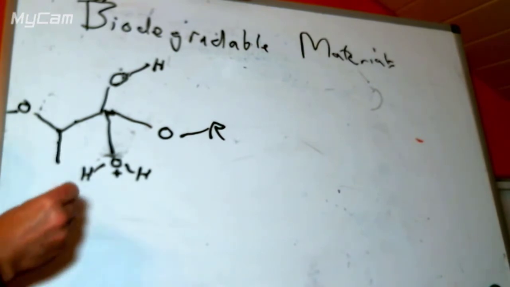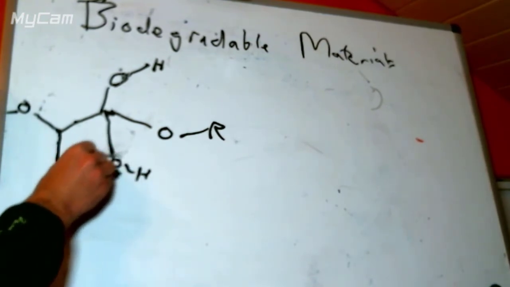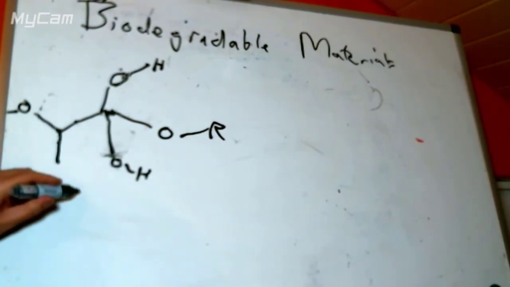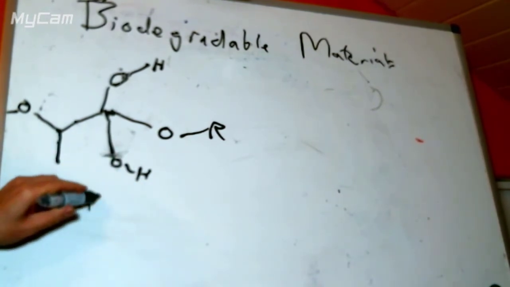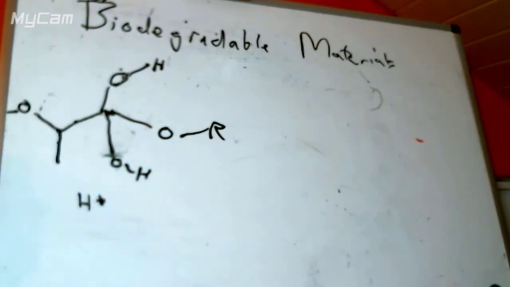I'm going to lose this one because it's a bit close to this carbon, so it makes it neater. If we remove this hydrogen, we can also remove the plus charge because it leaves without its electrons. The electrons stay on the oxygen, the hydrogen leaves as H plus. We've got our H plus back, and now we have a similar case as we had before.